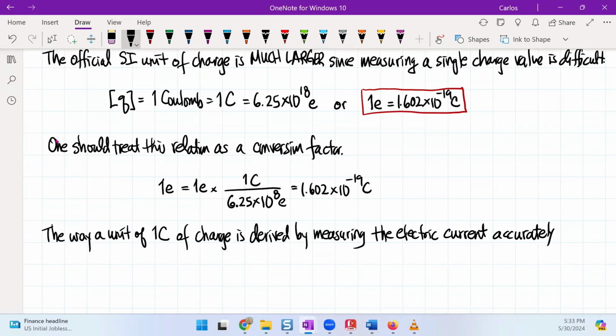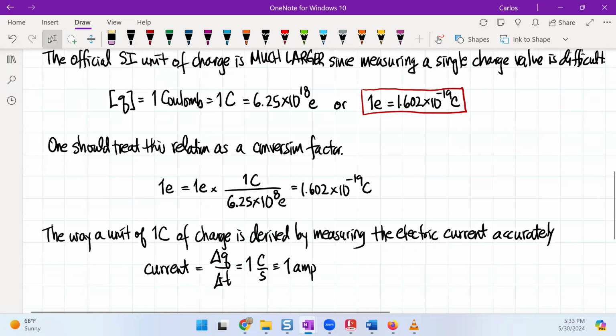So it makes sense in that context because if I have a current, it's equal to dq/dt, which is the same as 1 coulomb per second. That by definition is 1 amp of current. So if you can measure 1 amp of current very accurately, you know that there are 6.25 times 10 to the 18 electrons. That's how a coulomb is defined.